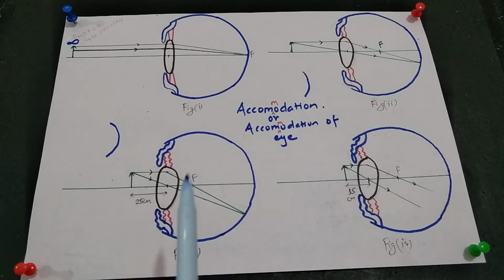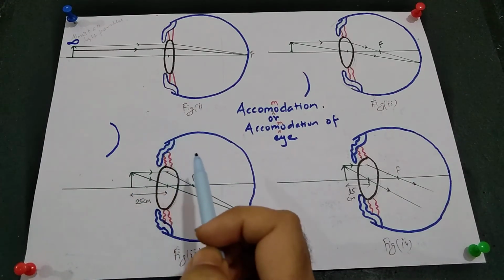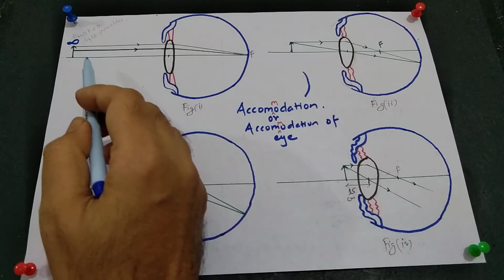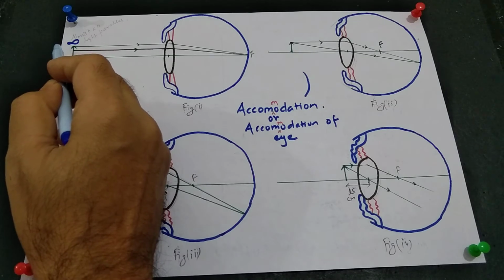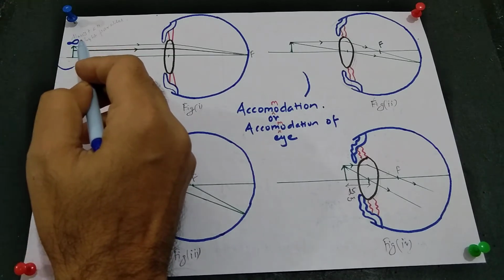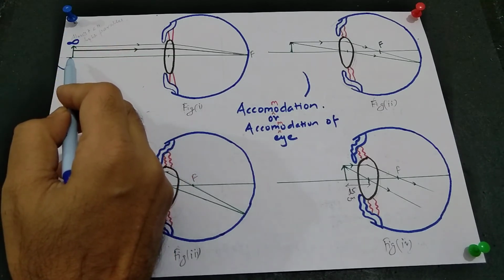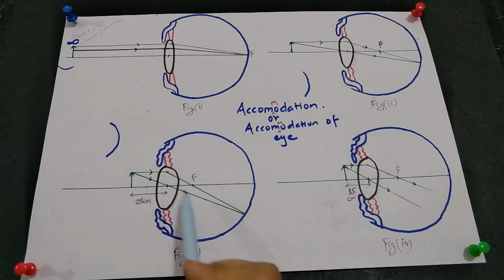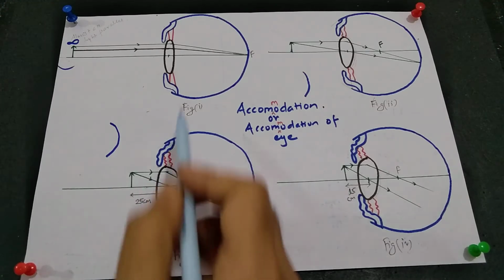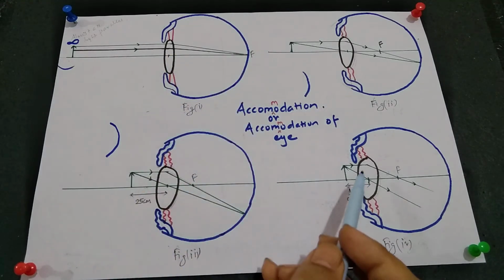But friends, our normal eye can form an image of an object lying anywhere between infinity and 25 centimeter away from the eye, since this lens also has its compression limit.